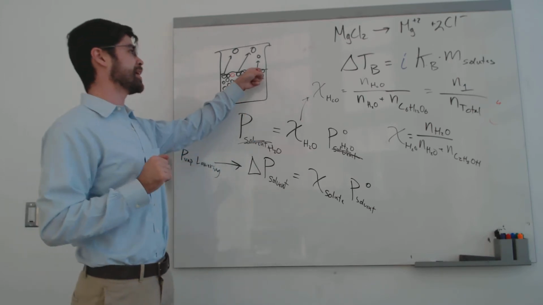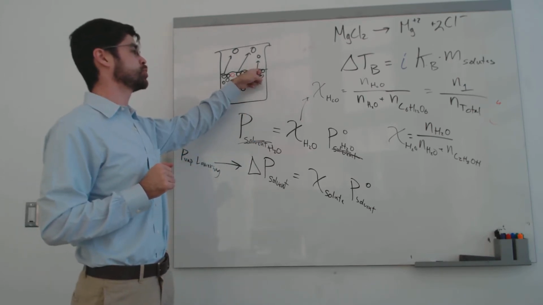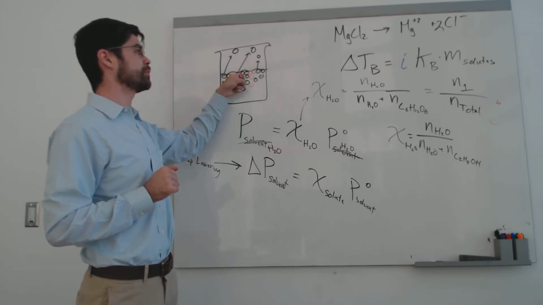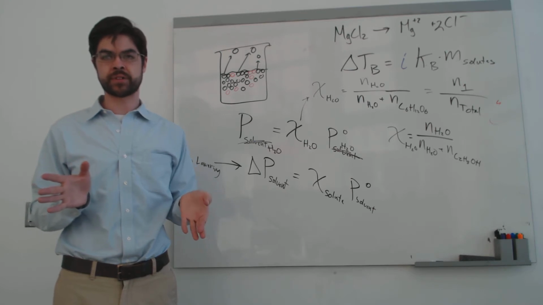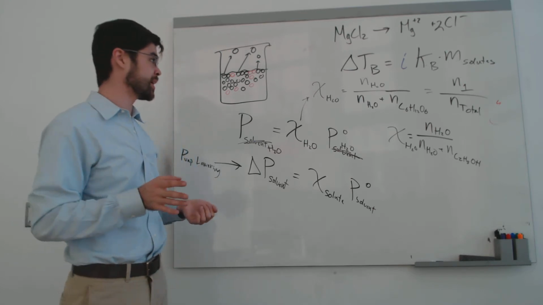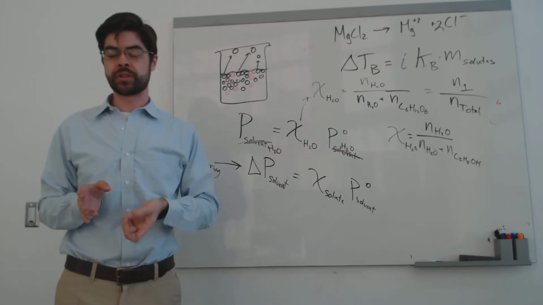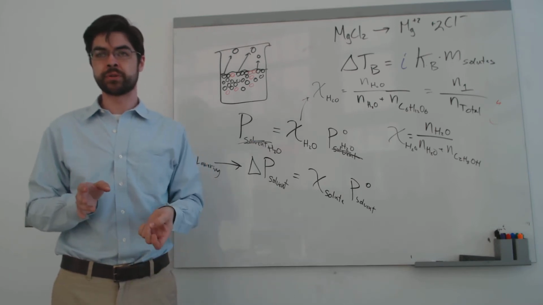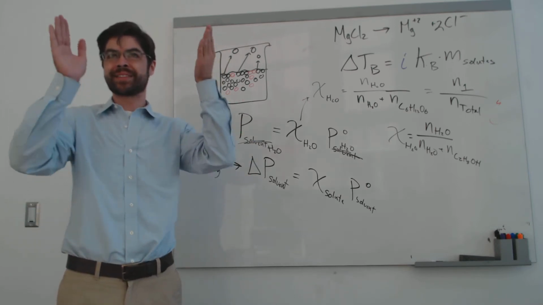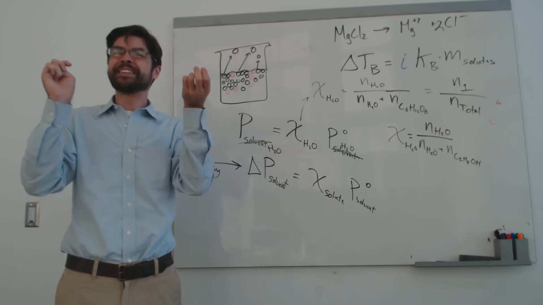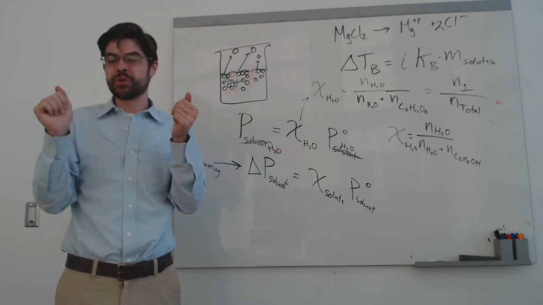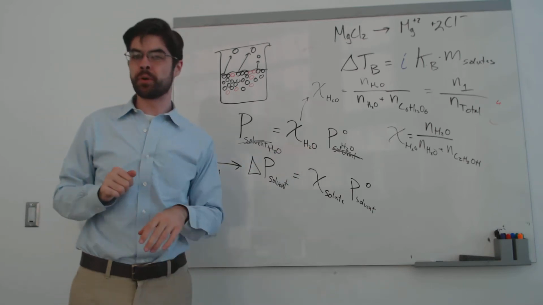And if we think about the vapor pressure of the solvent as being due to the amount of solvent available to vaporize, then if you reduce the amount of solvent available to vaporize, the vapor pressure should be reduced. And the fraction that it's reduced by is going to be its mole fraction.